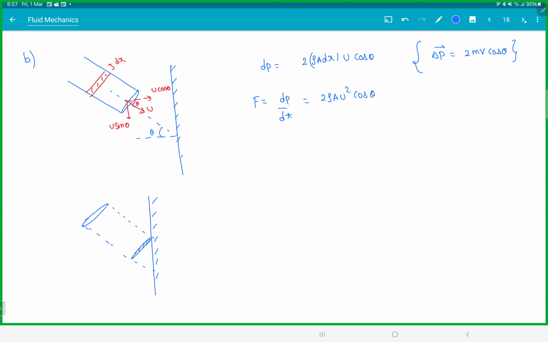The area is A, but the water jet is hitting a bigger area. Are you getting this? The water jet spreads. This is theta, this is theta. This will become A by cos theta. The water jet spreads over a larger area.